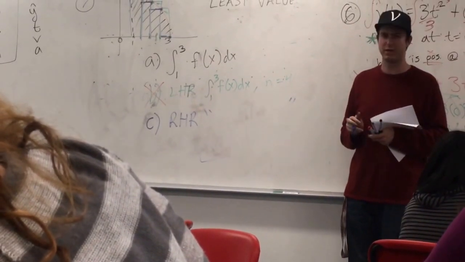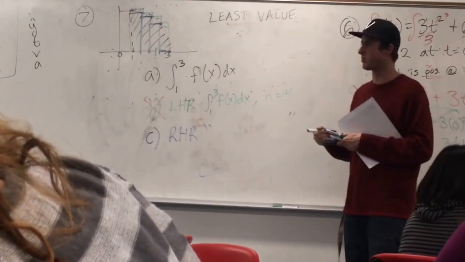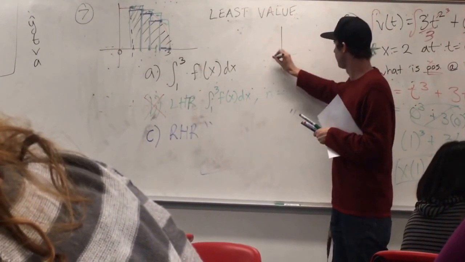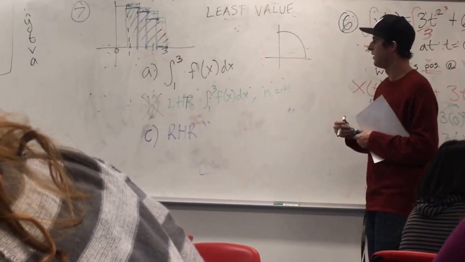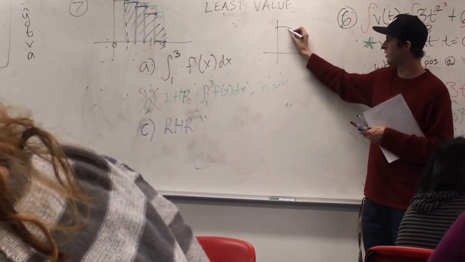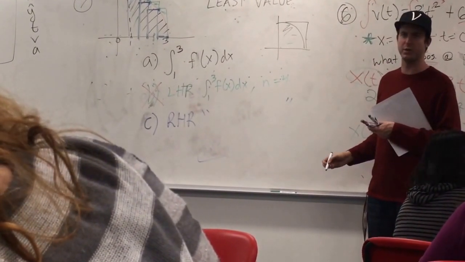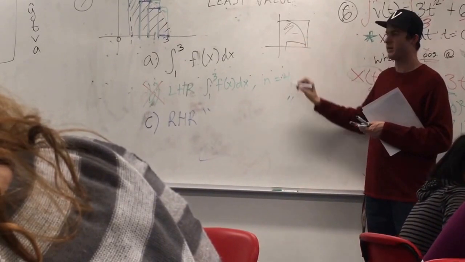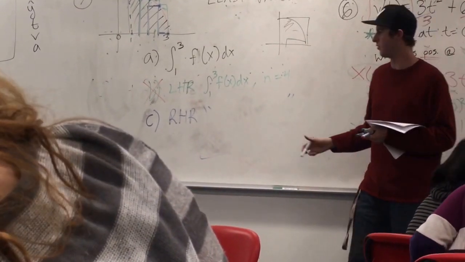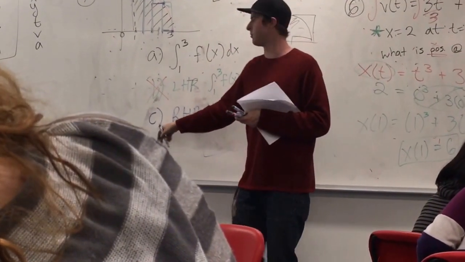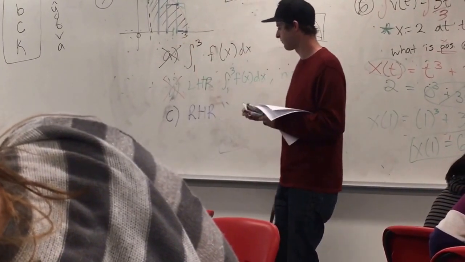If you're doing this on a test, personally, I would just know that you see this graph and you think, okay, the regular integral is everything. From the left, I just draw one big one. It's going to be above it, and from the right, it's going to be below it. So right now, I'm thinking this is the smallest, so I can cross out A.